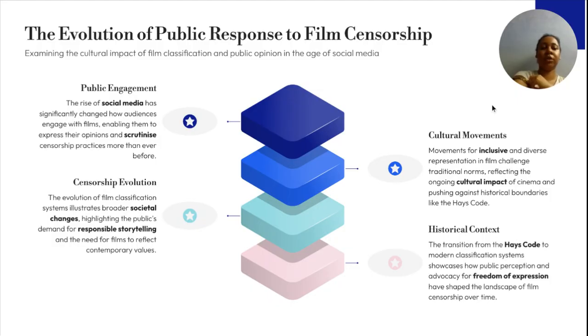So pushing historical boundaries like the Hays Code itself, because having a diverse range of stories and characters that you don't really see, or cultures or people from different walks of life that we don't always see, does go against the Hays Code, because the Hays Code wouldn't have allowed that to happen.